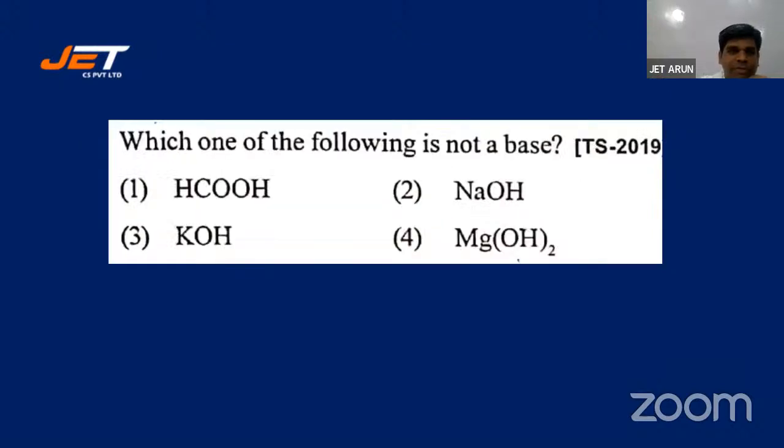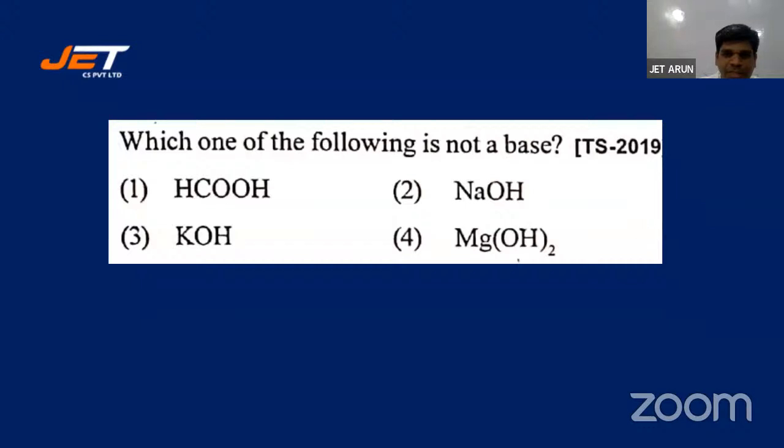Okay, let's go ahead. Which one of the following is not a base? He's asking which is not a base. First one is HCOOH. What's the name? HCOOH is the parent name, methanoic acid. This is a base. NaOH is a base.